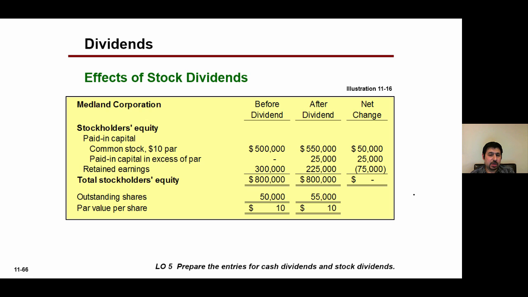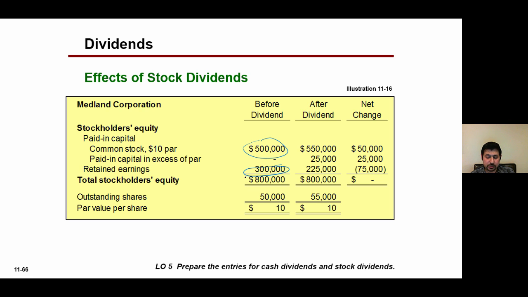So the effect of stock dividends on the company's numbers, as you can see here: before the company issued dividends, the common stock was 500,000 and it had 30,000 in retained earnings.